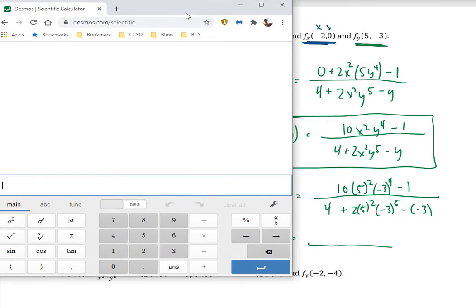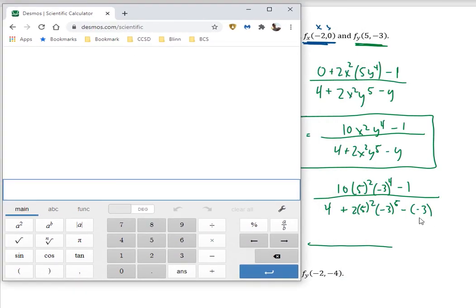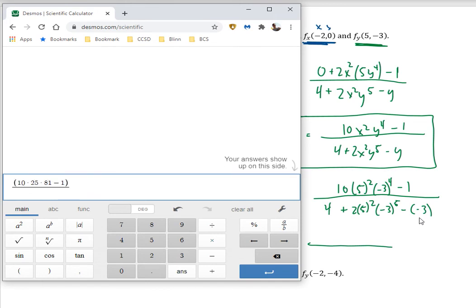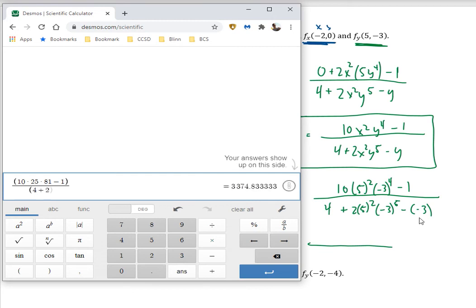There it is. Okay, and I'm just going to type that in, let's do it in one big one. So 5 squared is 25 times -3 to the 4 would be 81. And then minus 1. And then it's all divided by 4 plus 2 times 5 squared.